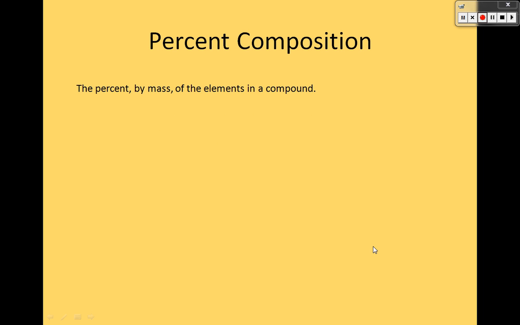So percent composition is the percent by mass of the elements in a compound. And it's pretty straightforward if you think about what that means. Like, for example, in H2O, what percent is hydrogen, what percent is oxygen? What's a little complex is that somebody may look at H2O and say, well, 2 parts hydrogen, 1 part oxygen, so it's got to be about 2/3 hydrogen and 1/3 oxygen.